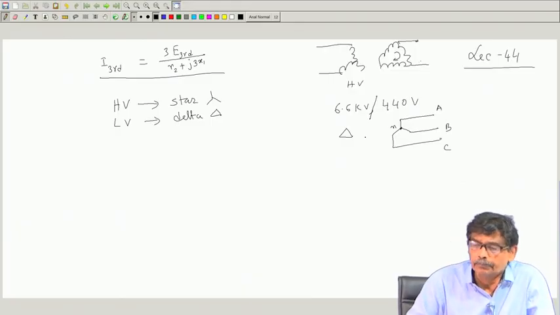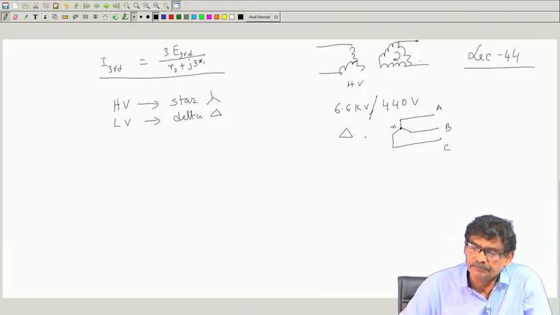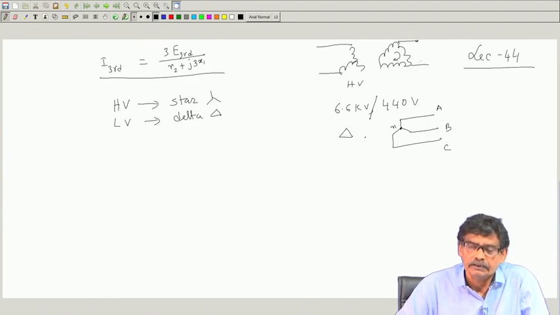So, depending upon the situations, the general guideline is to select star for the high voltage side and delta for the low voltage side, as having one of the windings delta connected is always preferable.